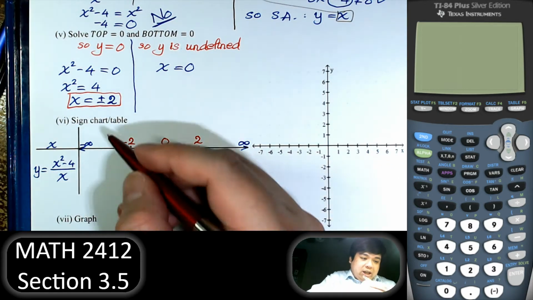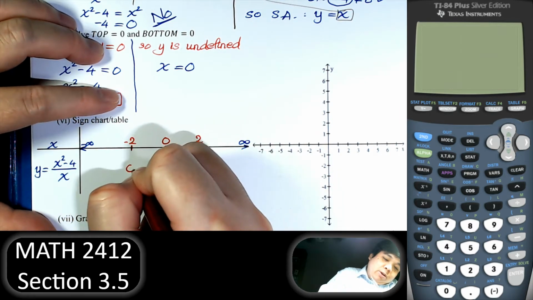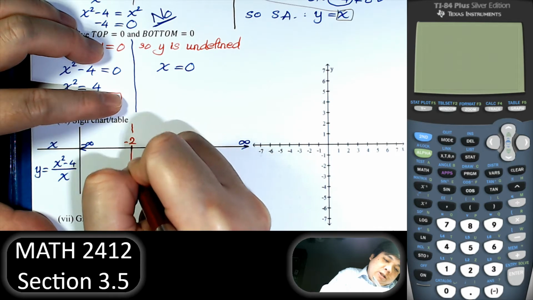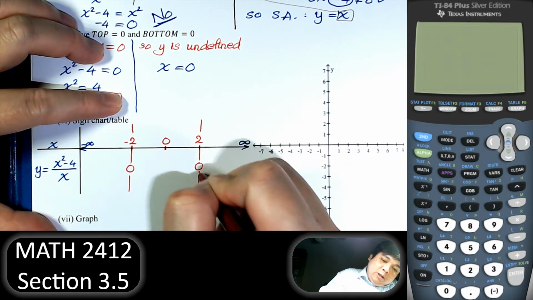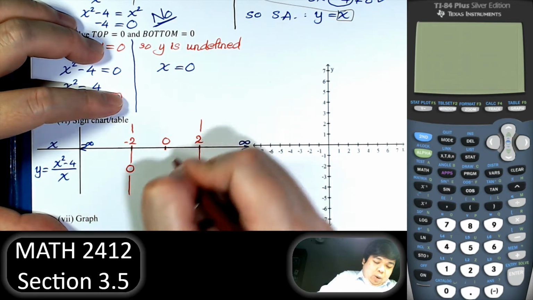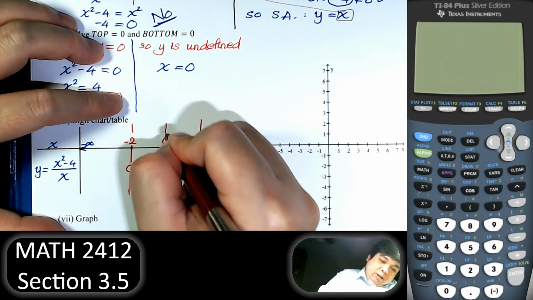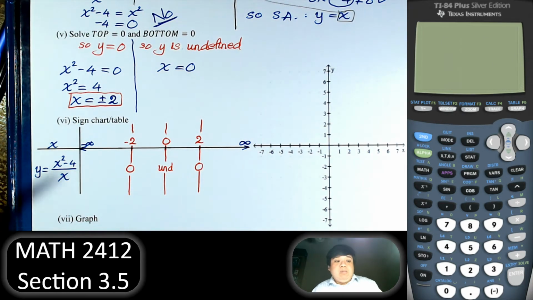When x equals negative 2 or 2, y equals 0, so we have 0 for y. And when x equals 0, the function is undefined. So negative 2, 0, and 2 divide the number line like that.